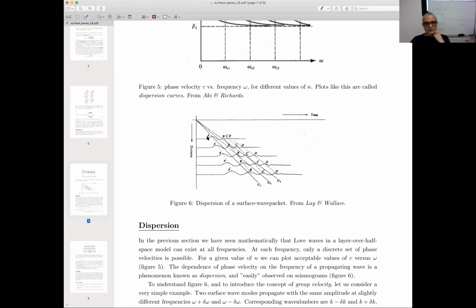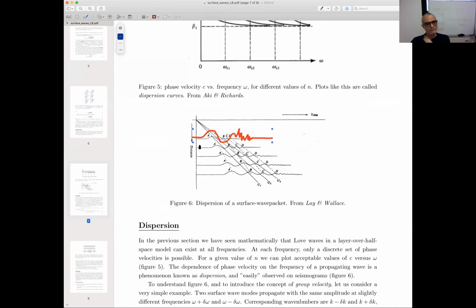So what the author here has been trying to show is that usually in a surface wave, the low frequency signal comes earlier, and it's followed by higher frequency stuff.